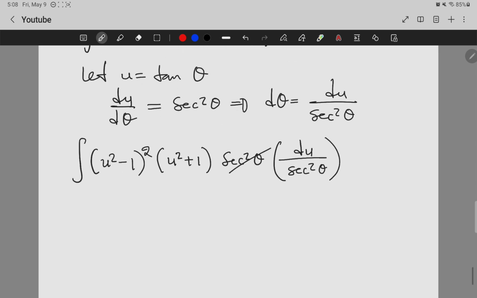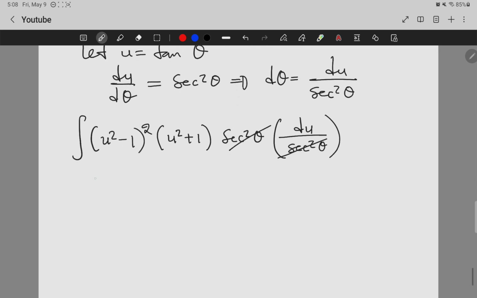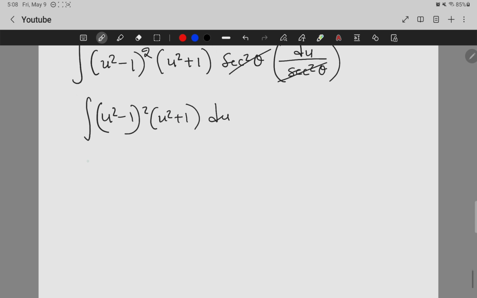So you see that we get rid of the old variable so that now we only have u as the new variable. Now from this point, we just have to distribute and then integrate this the normal way. So of course, this will be u to the power 4 minus 2 u squared plus 1.